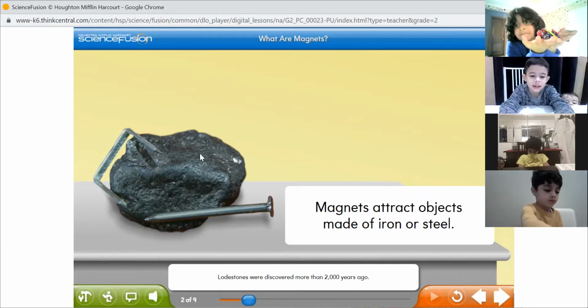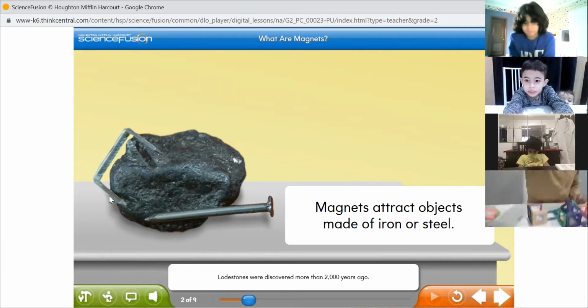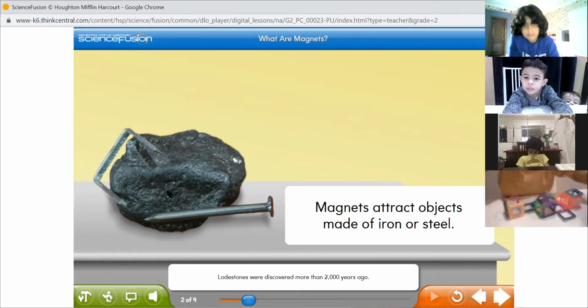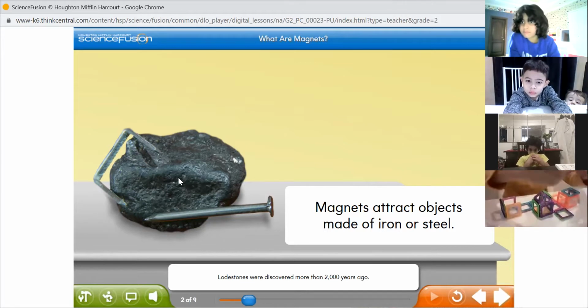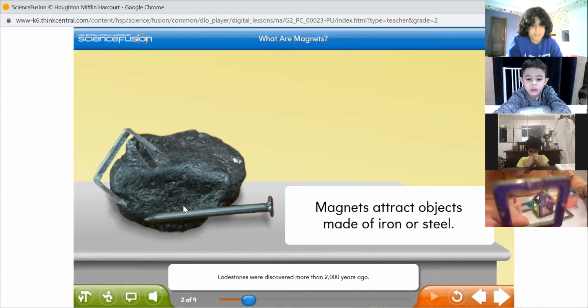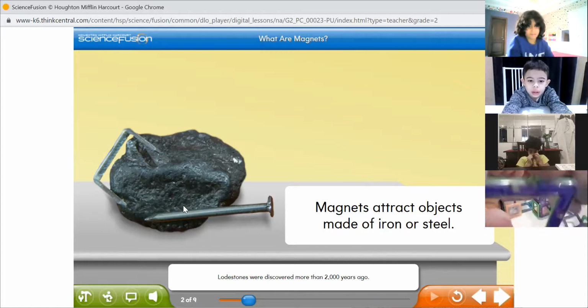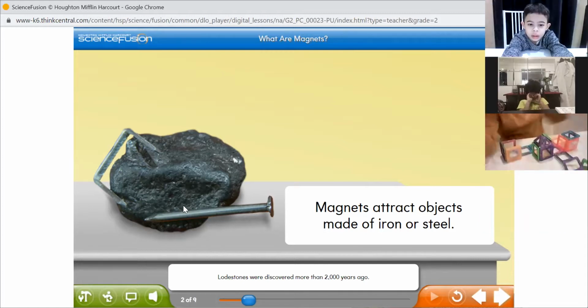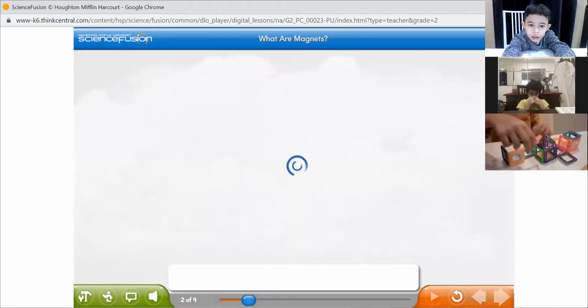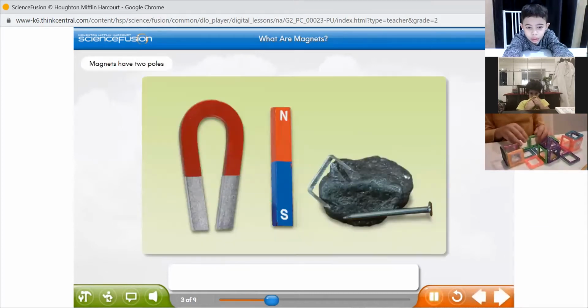Now take a look at this lodestone. We call it a lodestone. Why do we call it a lodestone? Because it is made of magnet, and it attracts any object that is made of iron or steel. It was found 2,000 years ago. A long time ago, they discovered it.